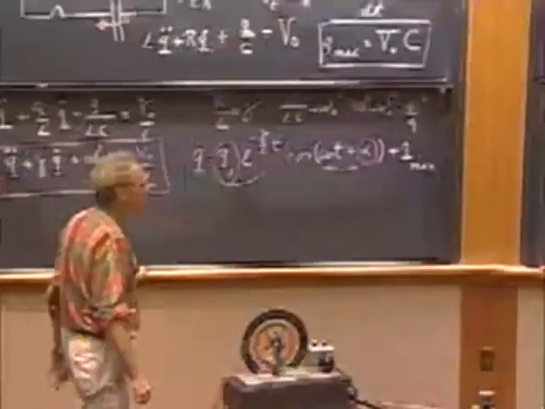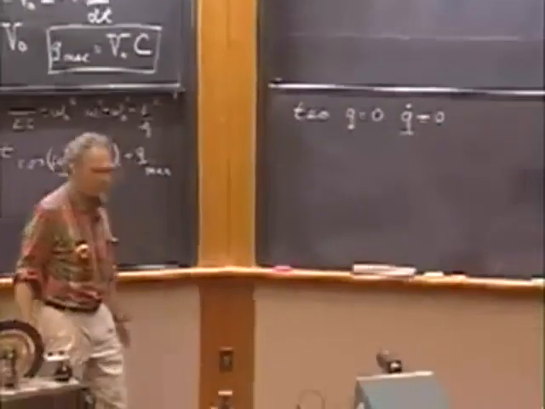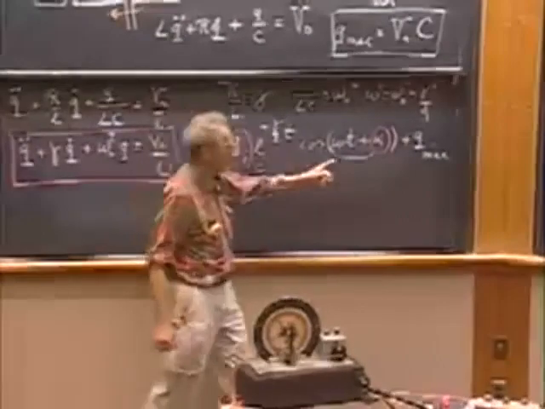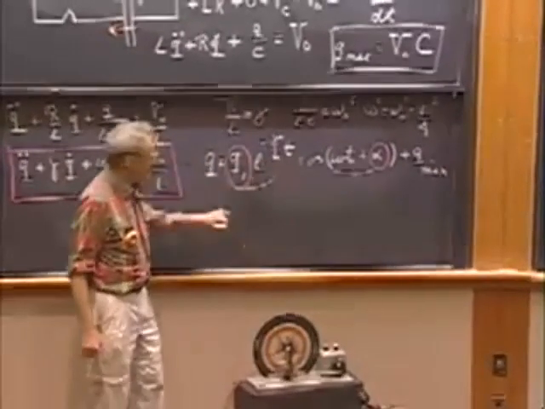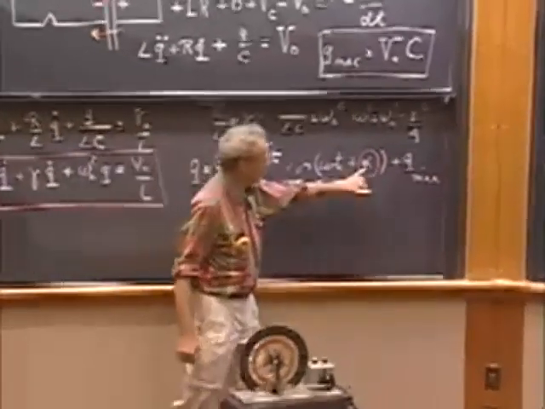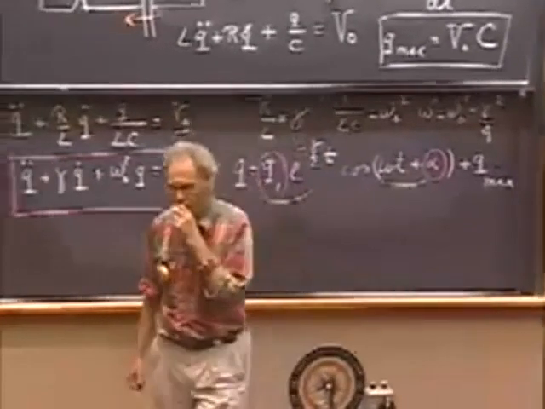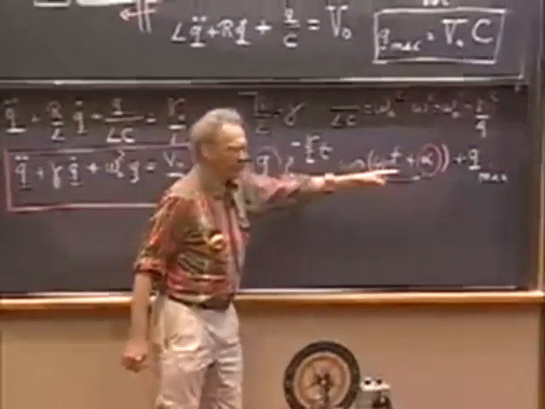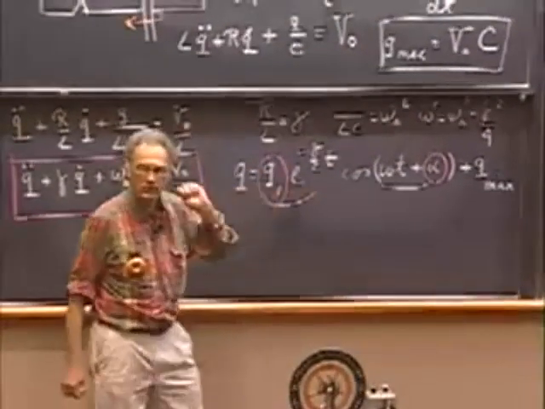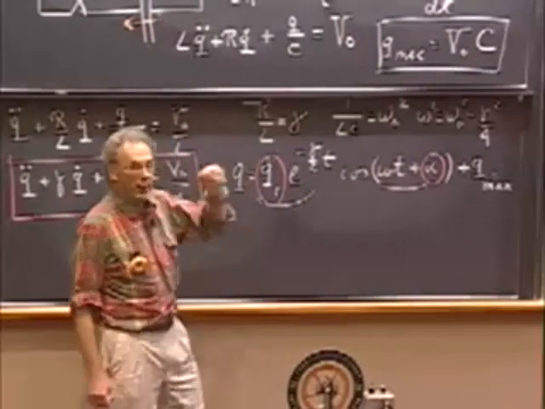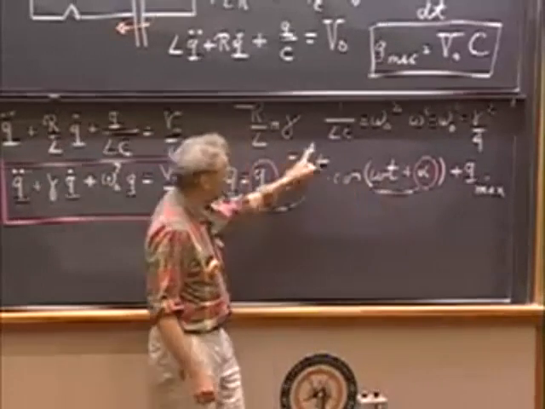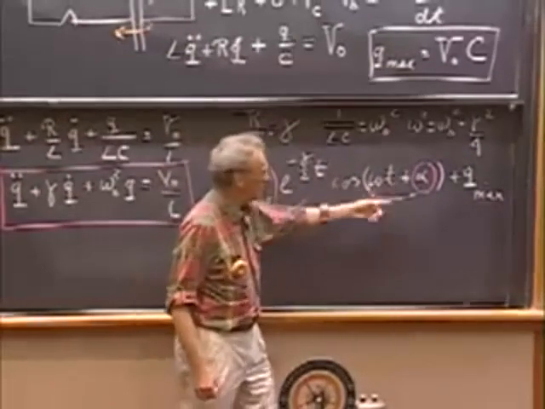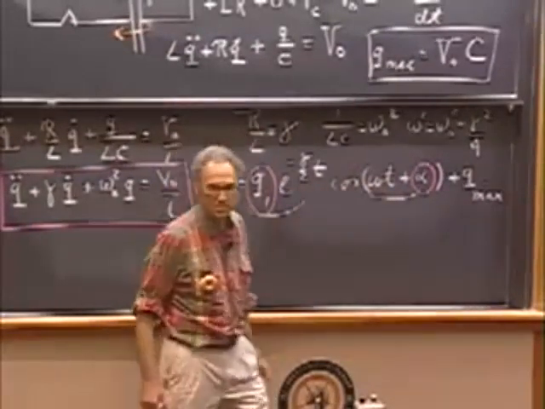And now I will leave you with a little bit of work. First of all, you substitute in this equation Q equals 0 when t is 0. So you still have Q1 and you still have the cosine of alpha. Then you have to take the derivative of this equation, which gives you the current, and then you have to make that 0. Now you get two terms when you do the derivative, so be careful. You get the derivative of this one times this, and the derivative of this one times this.